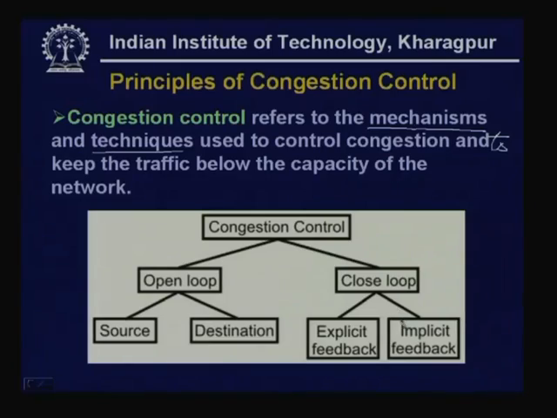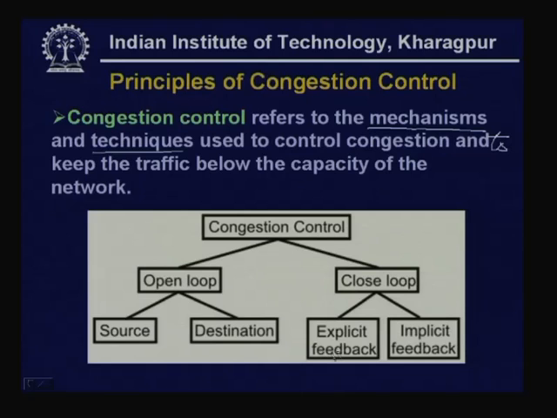In such a situation, there can be two different mechanisms: explicit feedback and implicit feedback. In explicit feedback, some of the nodes, usually switches or nodes, detect congestion, then inform the source, or whoever does the control. It will go to the source or sources of the packets. This is explicit feedback.